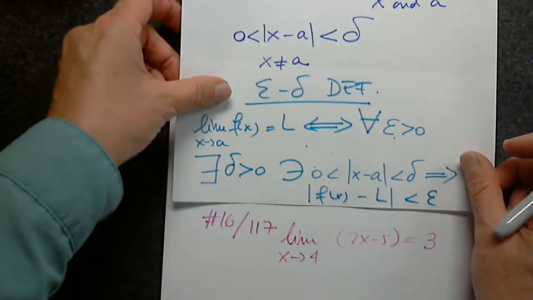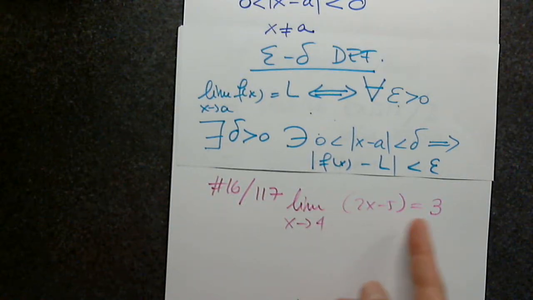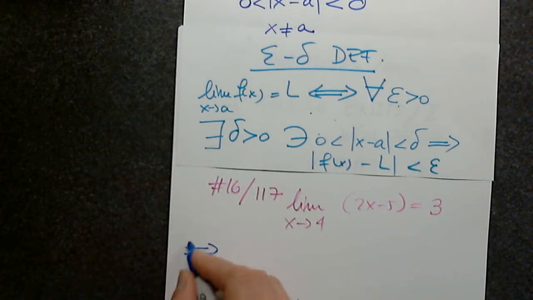Is this true? This is a polynomial. I'm allowed to plug in. 4 times 2 is 8. 8 minus 5 is 3. Agreed? So I will write the definition.